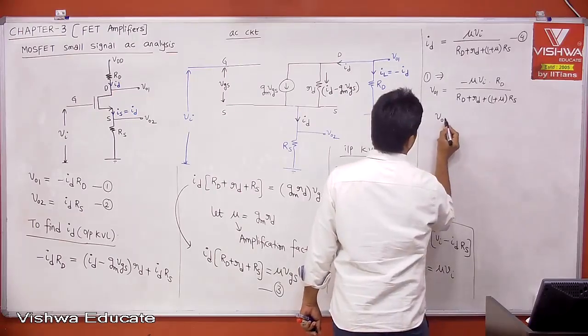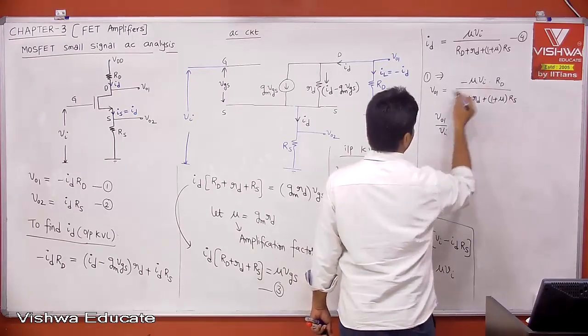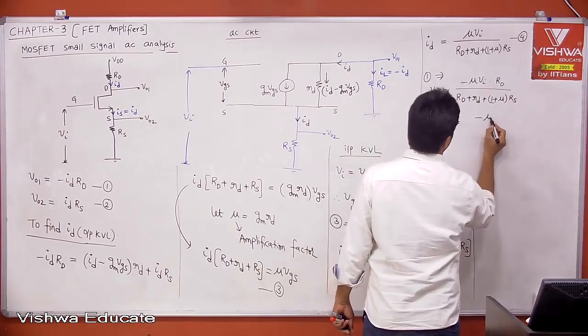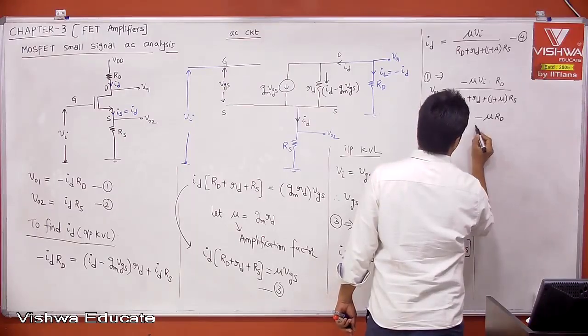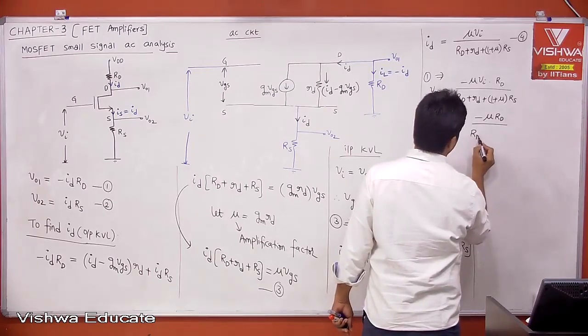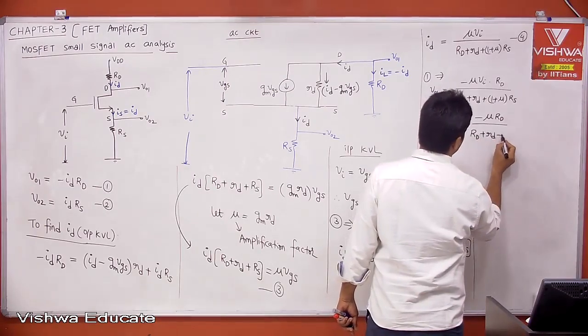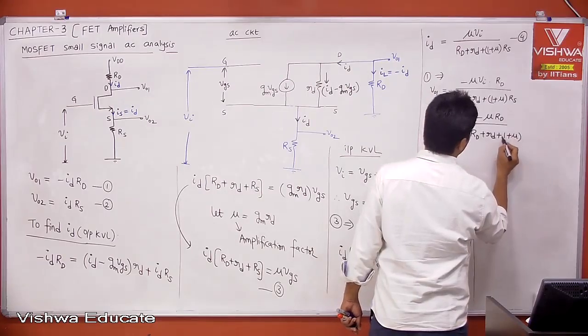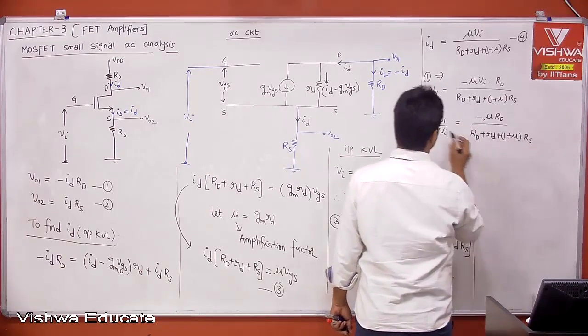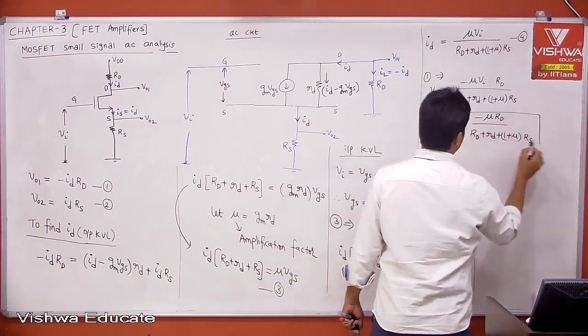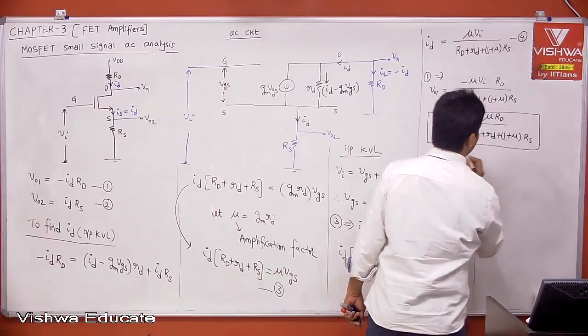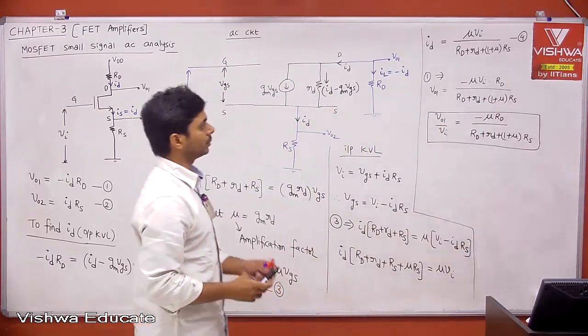Therefore, V01 divided by VI, if I take this to left hand side, is minus mu into RD divided by capital RD plus small rd plus 1 plus mu into RS. This is what is your V01 divided by VI, just generic formula.